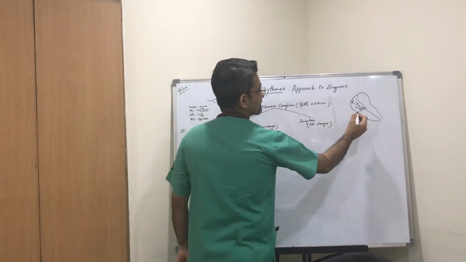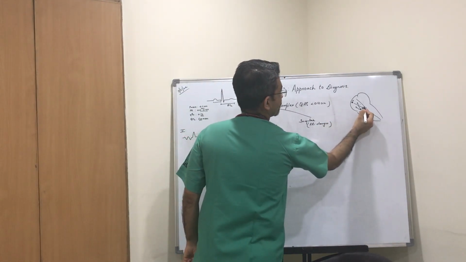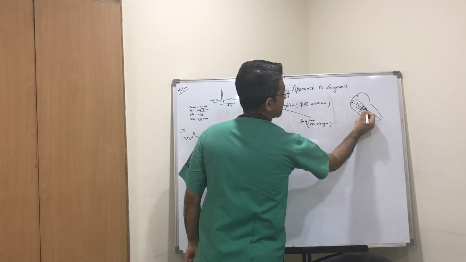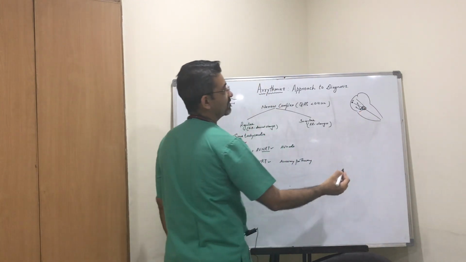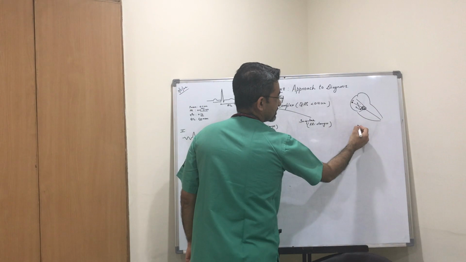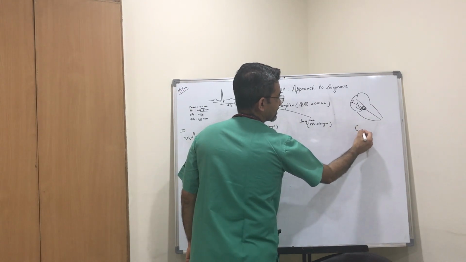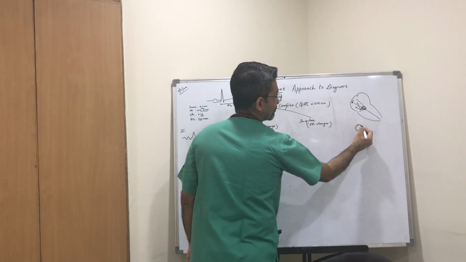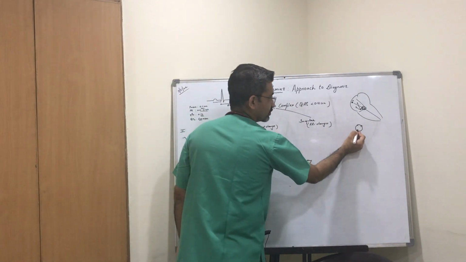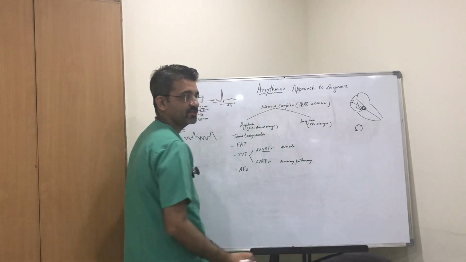You know, there is an isthmus, the cavo-tricuspid isthmus, near your tricuspid valve. So the current in that isthmus flows in a counterclockwise direction.